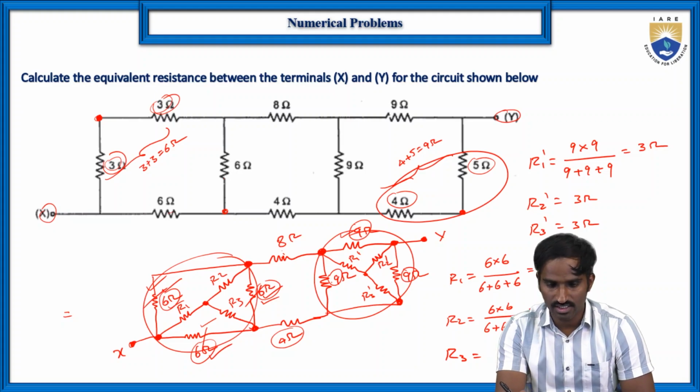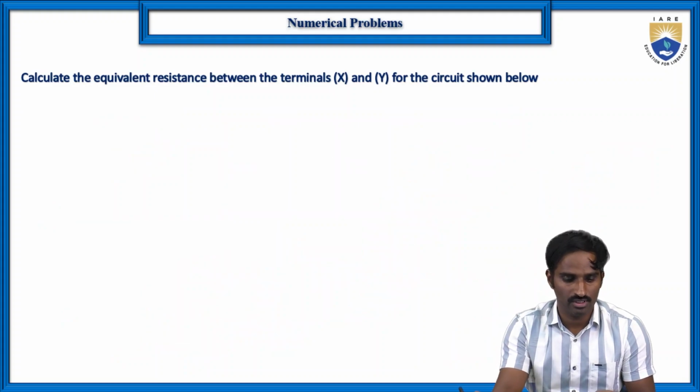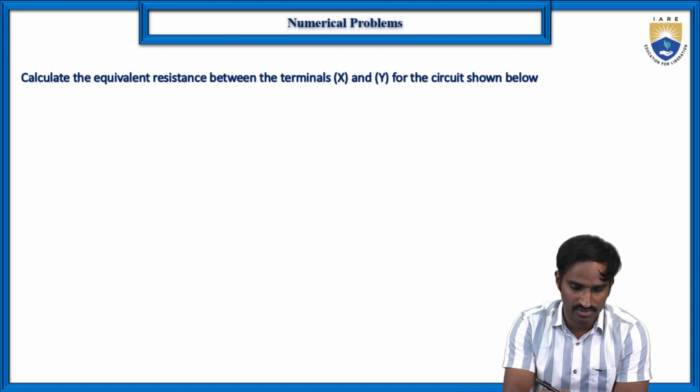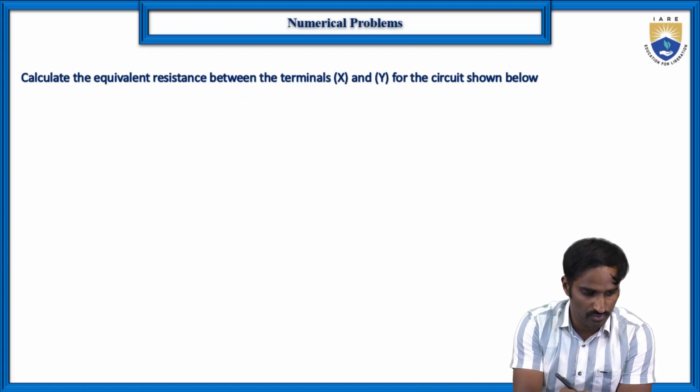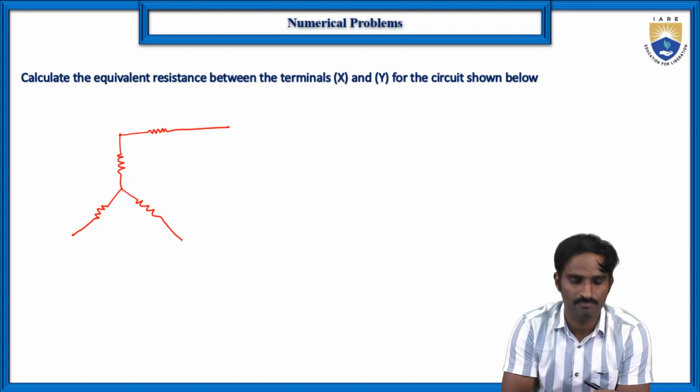Now let us draw the circuit which has the star connected networks, right? Of course, we should not disturb the nodes. Here 8 ohms is there, and here the star connection, and another star connection, and another resistor connected to the star, right?